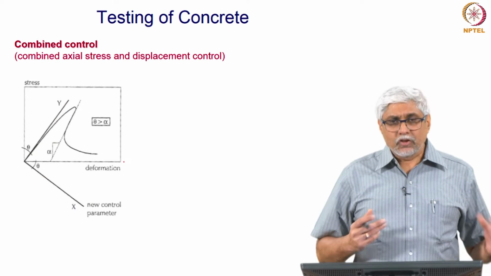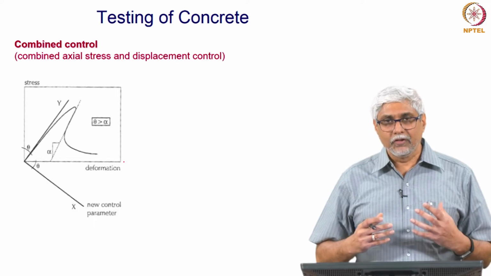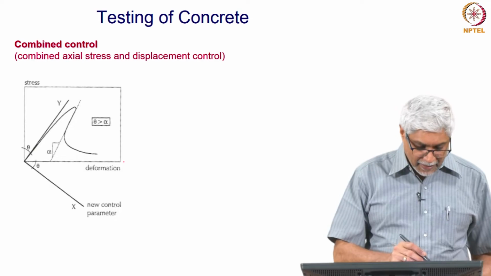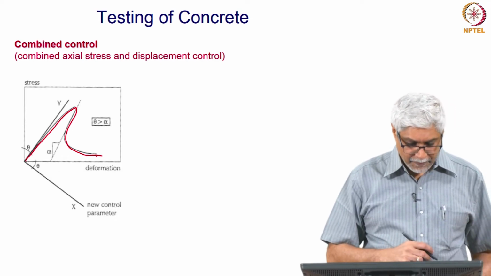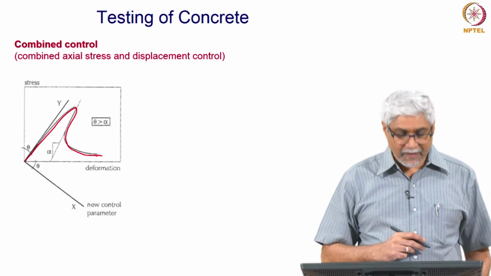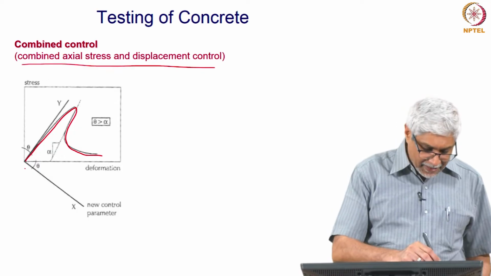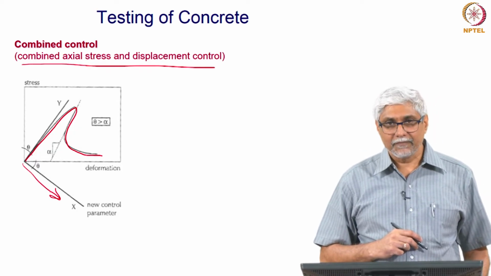I talked about the possibility of controlling a test by using displacement. Sometimes we can combine also. For example, if this is the stress displacement curve, there are people who have combined axial stress and displacement to control by inventing a new parameter that is used for control.